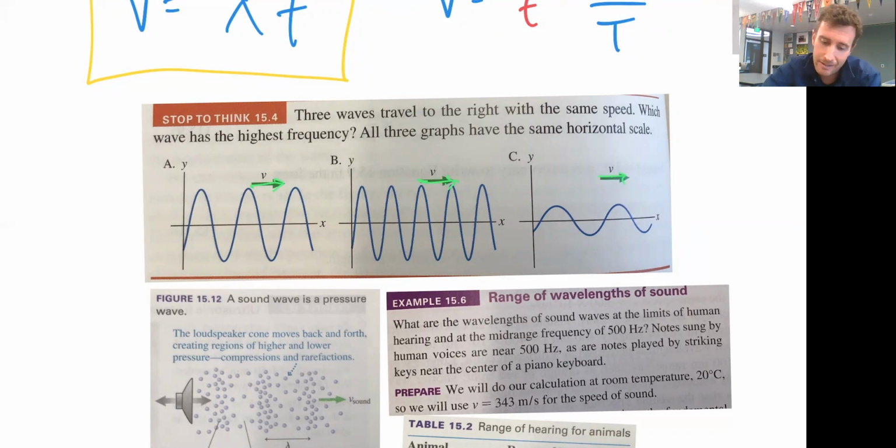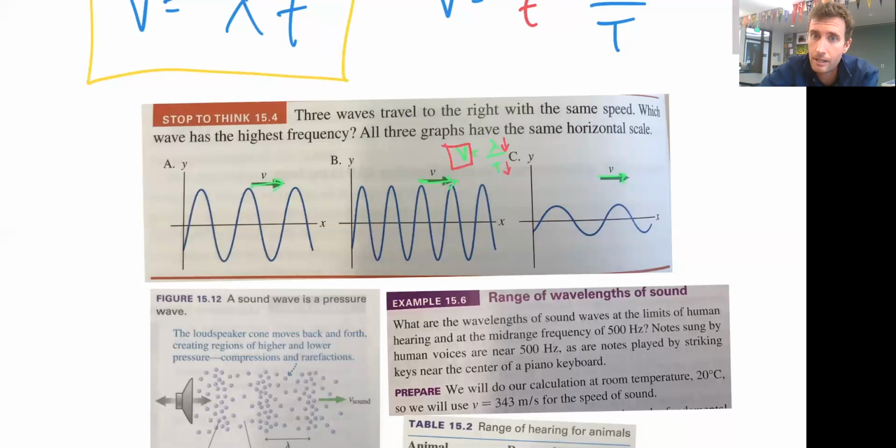So since velocity is equal to wavelength over period, right, distance over time, say velocity is constant, so I'm going to make that a constant. As the wavelength gets smaller, the period also has to get smaller in order to keep it equal. 5 over 5 is the same as 4 over 4 is the same as 2 over 2.